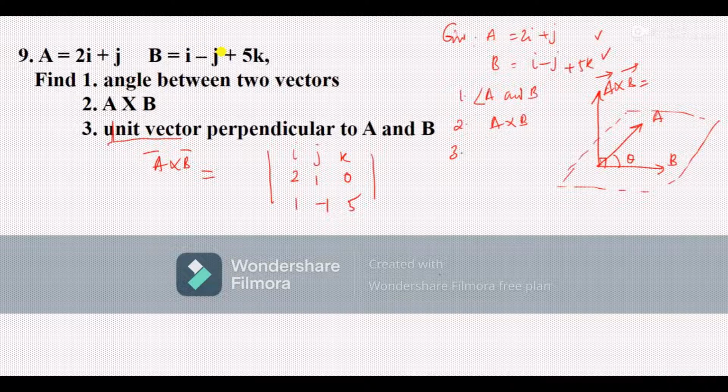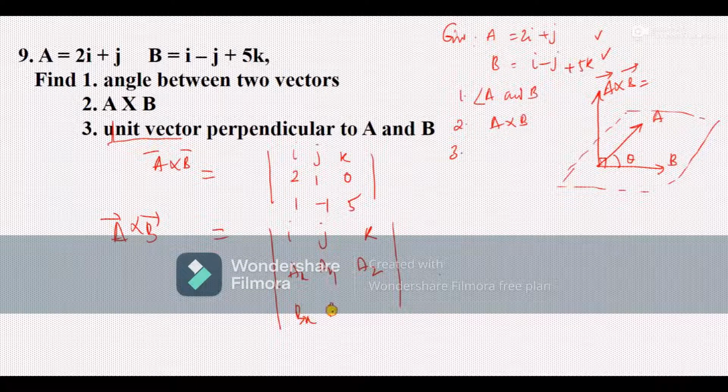So we know that A cross B is equal to, in determinant format, the first row i, j, k, then ax, ay, az, and underneath bx, by and bz.